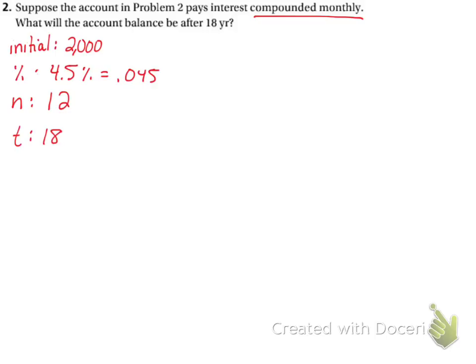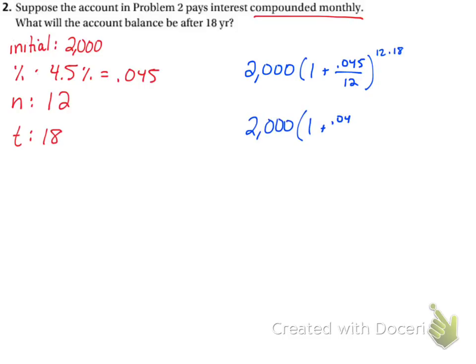And so when I plug this one in, I go still 2,000. And then in parentheses, 1 plus 0.045 over top of 12. And then in my exponent, I do 12 times 18. So again, I've got to go 2,000, 1 plus 0.045 divided by 12.